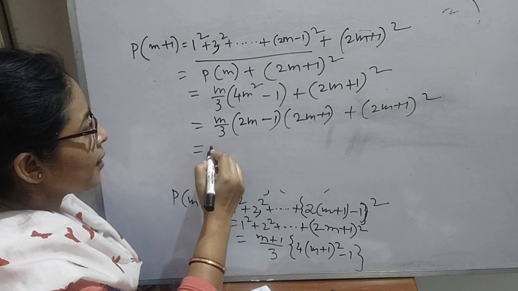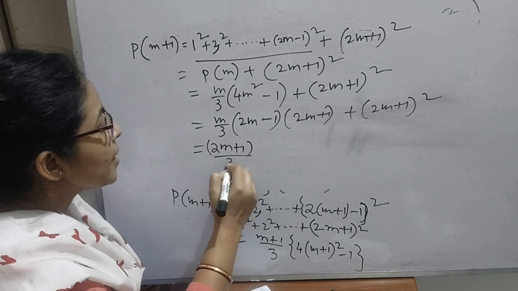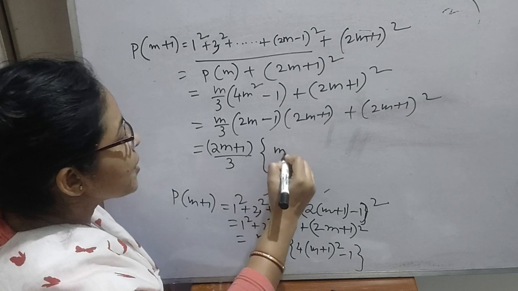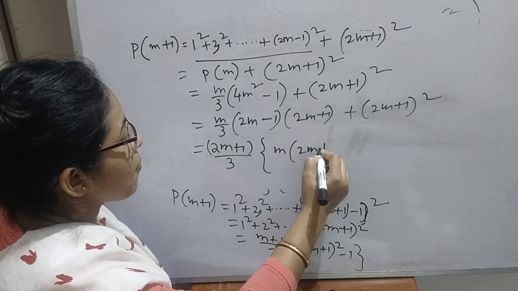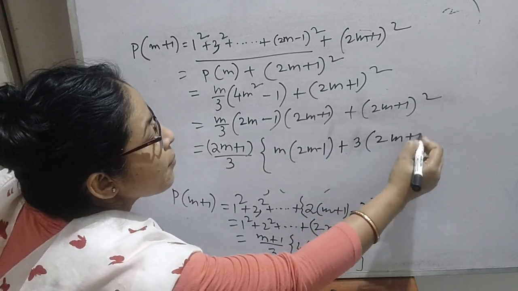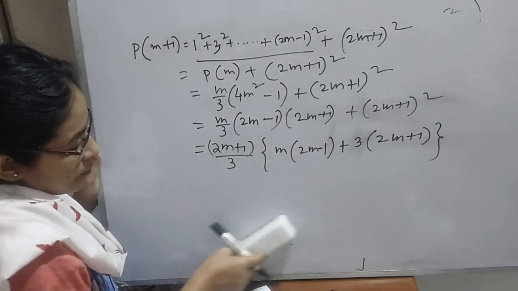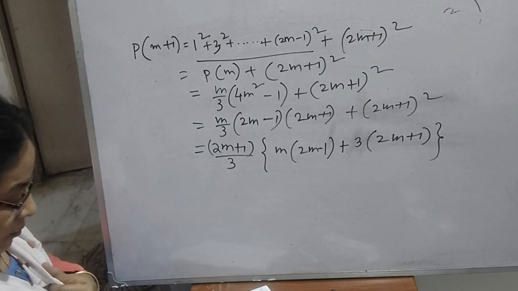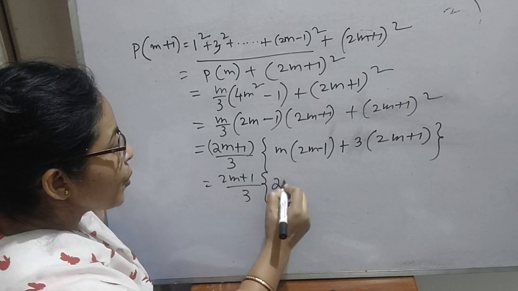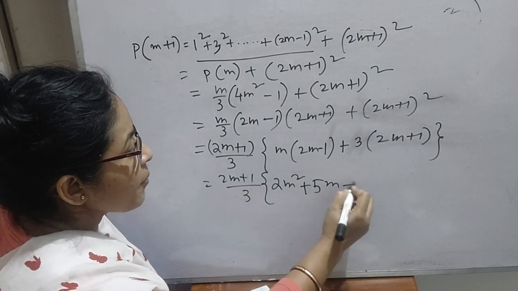If I take (2m plus 1) by 3 common from here, I can write m into (2m minus 1) plus 3 into (2m plus 1). This equal to (2m plus 1) by 3 into (2m square minus m plus 6m plus 3), that is 2m square plus 5m plus 3.